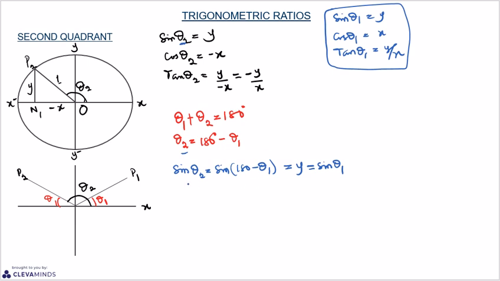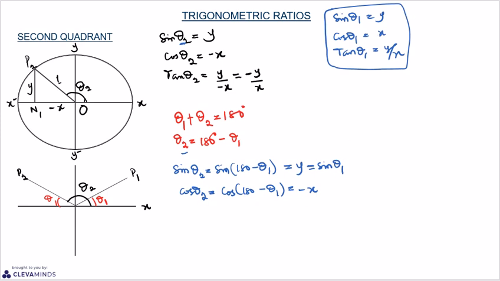So now from there we also have cos theta 2. What will cos theta 2 give us? That will be cos of 180 minus theta 1, which will give us negative x, because cos theta 2 is negative x.